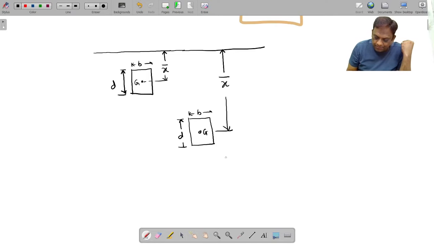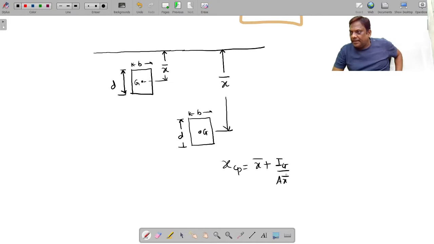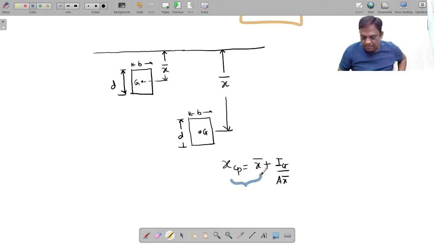Now see, what is xcp? xcp is x bar plus, yes, when x bar is increasing, see once, when x bar is increasing, this is constant, my b, d, area, all those are constant. When x bar is increasing, this value will decrease, so this will become negligible, both will become almost the same.